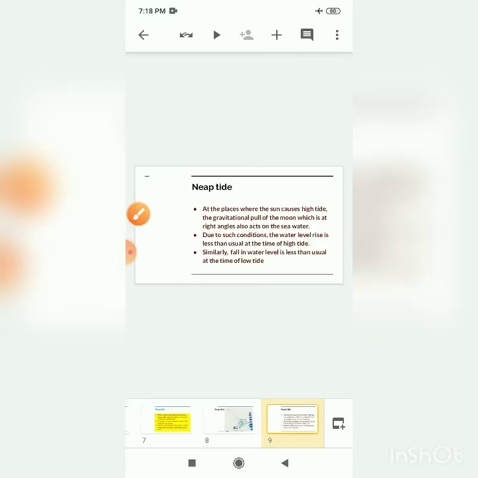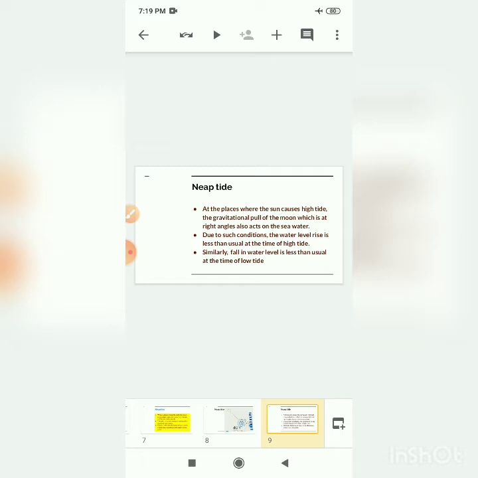At the places where the sun causes high tide, the gravitational pull of the moon, which is at a right angle, also acts on the sea water. Due to such a condition, the water level rises less than usual at the time of high tide. Similarly, the fall in water level is less than usual at the time of low tide.